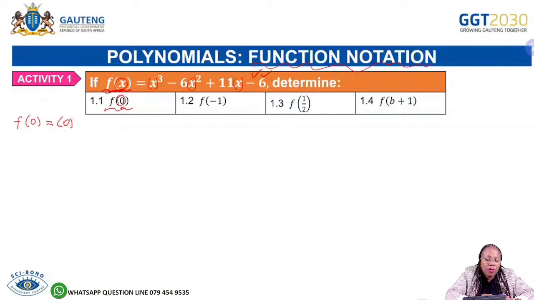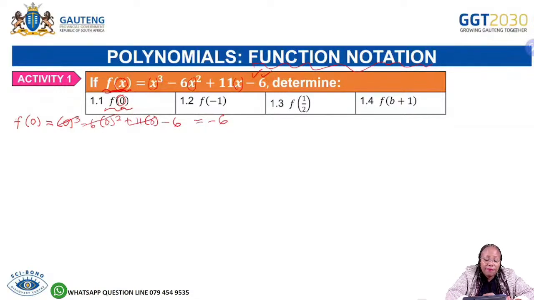It will be 0 to the power 3 minus 6 into 0 to the power 2 plus 11 into 0 and then the minus 6. Then 0 cubed is 0, minus 6 times 0 squared is 0, plus 11 times 0 is 0. Therefore our answer here will just be minus 6, grade 12.